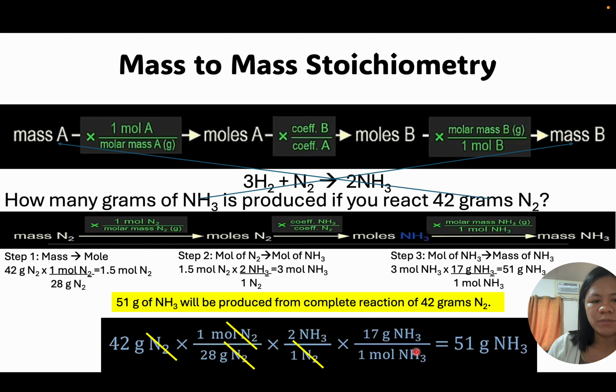Of course, we put moles at the bottom in order to cancel, and we put the molar mass at the numerator since we are looking for the mass. If you compute this, 42 times 2 times 17 divided by 28 divided by 1 and 1, we still get 51 grams of ammonia. So this is how to calculate mass-to-mass stoichiometry. This is our first example.